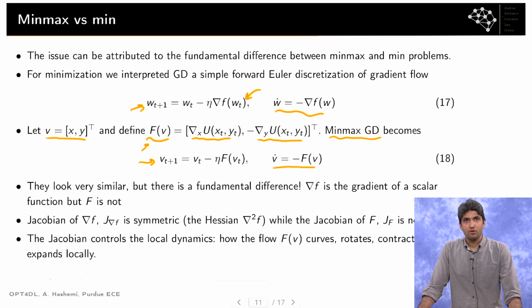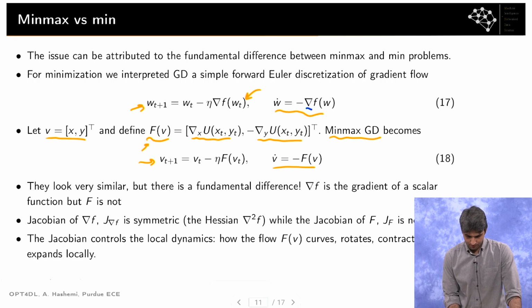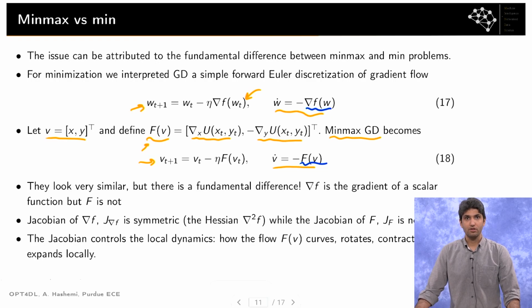The idea is that there is a very fundamental difference here. In particular, the difference goes back to this part. When you compare the gradient of a small f and this capital F, the flow that we define, these are fundamentally different. And what's the difference? Well, the gradient of f, as the name suggests, is the gradient of some scalar function. However, capital F is not.